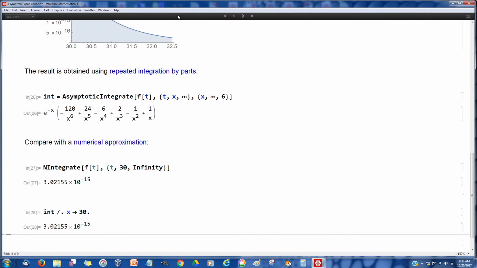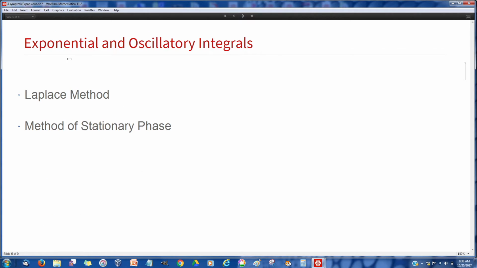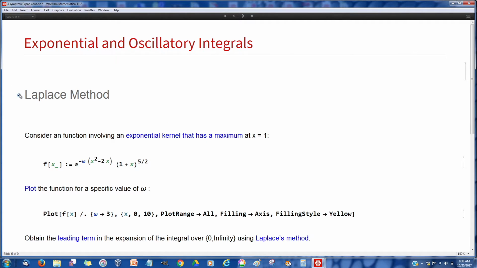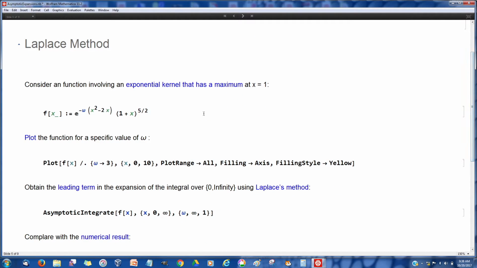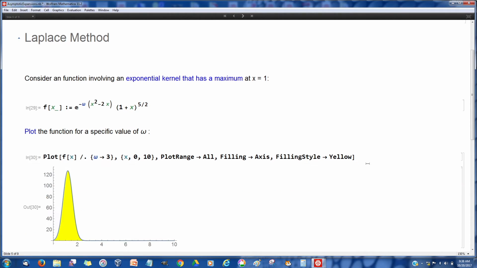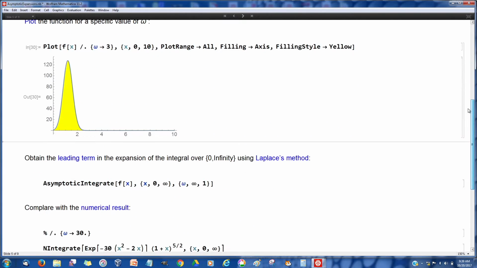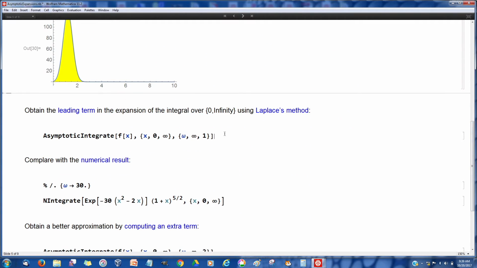Now historically, the two most important methods beyond what I just showed you are the Laplace method and the stationary phase method. The Laplace method is due to, of course, Laplace. What Laplace said is that if you have an exponentially decaying function, like a Gaussian maybe, and it has a maximum at a certain point, in this case the maximum is at 1, you can do a series expansion around that point and get a result for the integral.